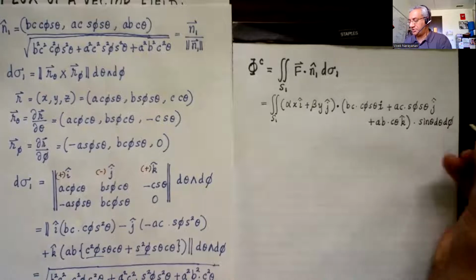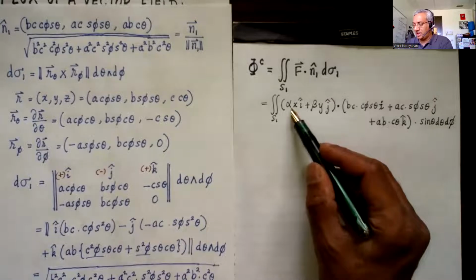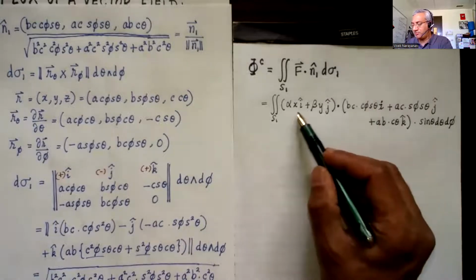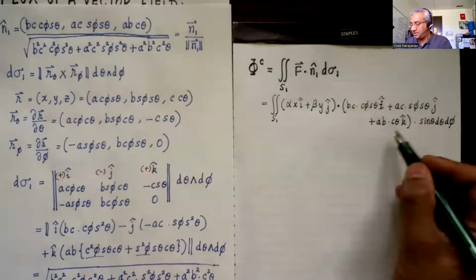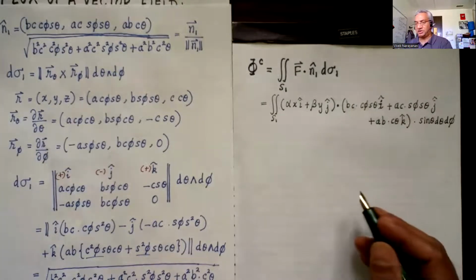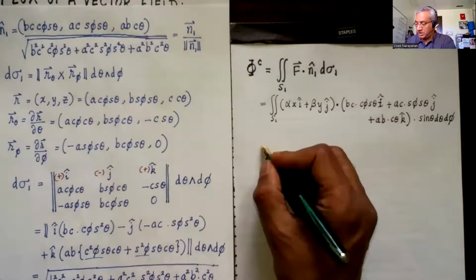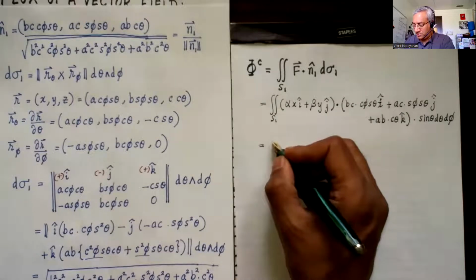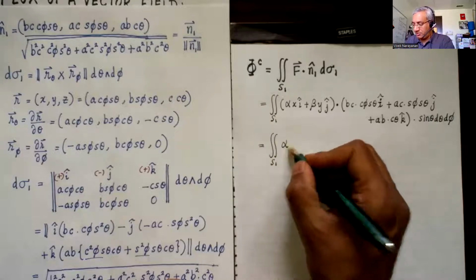I'll forget about the wedge now. This is just i hat will only contribute with this, will only pair with this, j hat will pair with that, k hat is left alone, doesn't make a contribution because there's no k hat over there. So I'm left with the integral over the surface S1 alpha times.